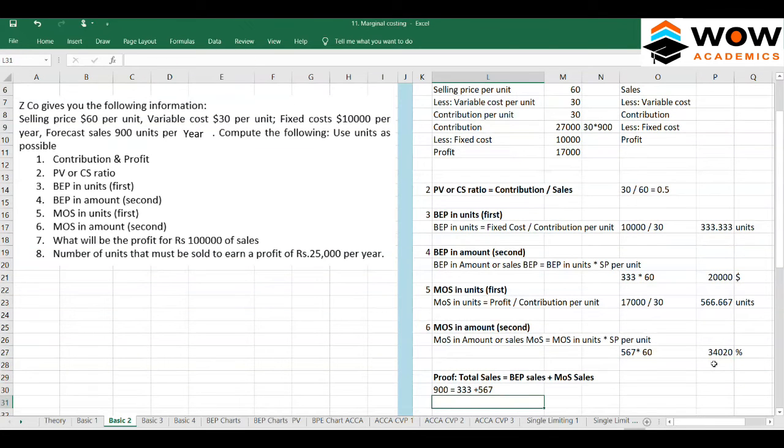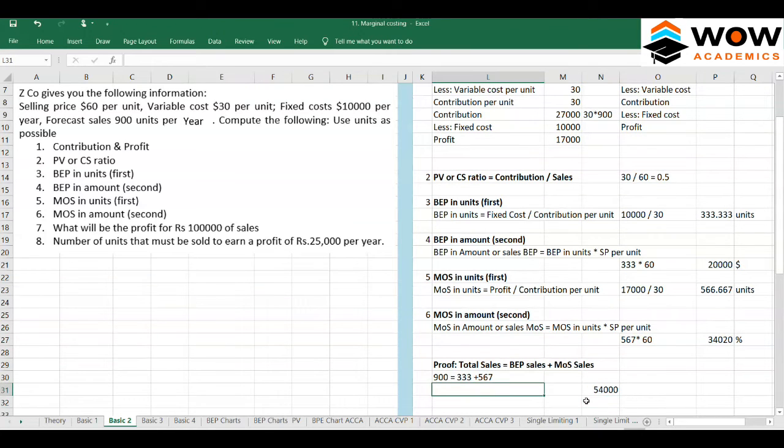Total sales for this company would be 60 into 900, which comes to 54,000. So 54,000 of sales amount is equal to 20,000 of BEP sales plus 34,000 of MOS sales. You can also work it out like that.